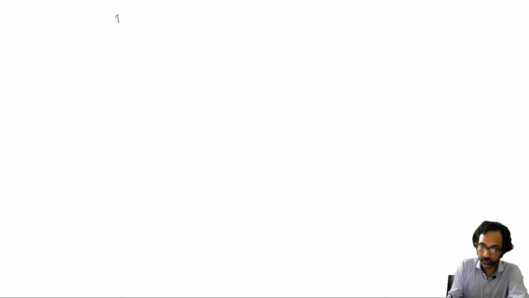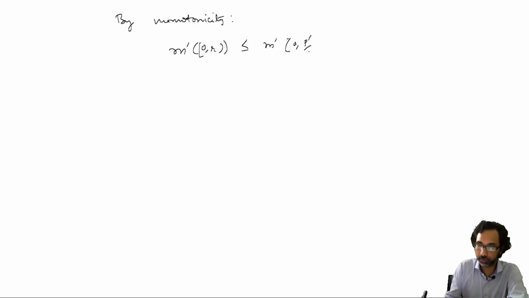So by monotonicity we get that M prime of 0, R is less than or equal to M prime of 0, P prime by Q prime now, and this is nothing but alpha M prime times P prime by Q prime.